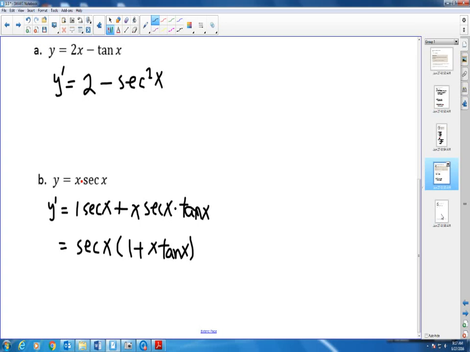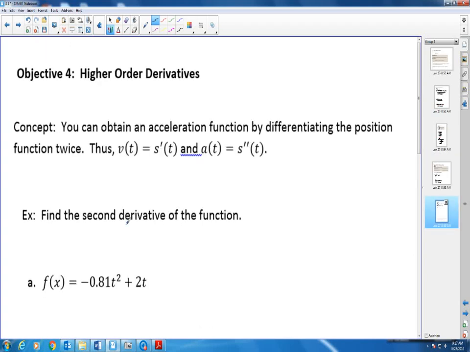Alright, another objective here in this video is something called a higher order derivative. We talked about something called a position function and your velocity function before. It turns out we can actually obtain an acceleration function by differentiating the position function twice. When I take a derivative of my position function, I get my instantaneous velocity function.